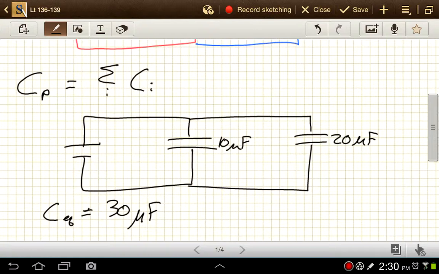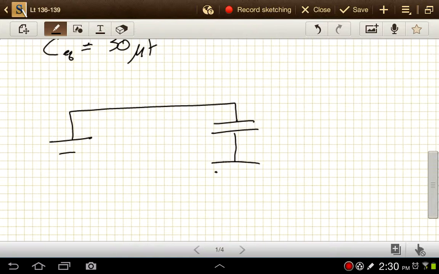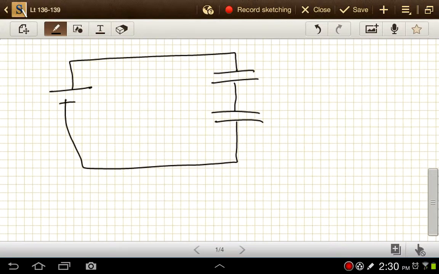And then in series, if we have a circuit like this, our equivalent capacitance for series looks, the equation looks just like the equation for parallel resistors.